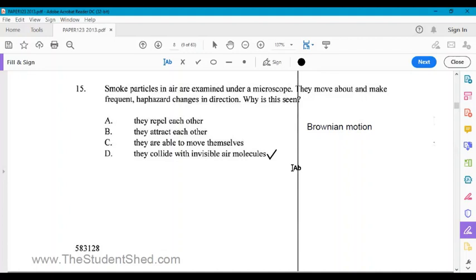What they tend to do is spread themselves out, and we get a movement from a highly concentrated area to a lower concentrated area until the distribution is even. Okay, so that process of moving from a crowded place to a not crowded place for particles is called diffusion. Okay, not to be confused with Brownian motion.